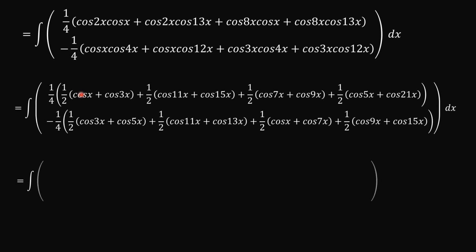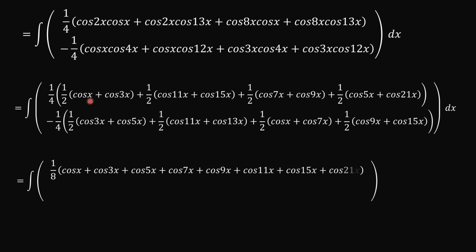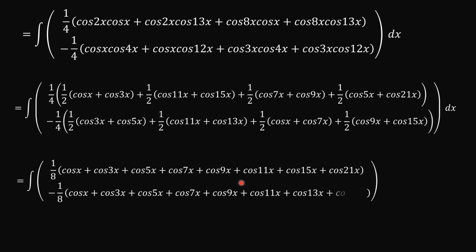Eventually, when you multiply the halves by a quarter outside the bracket, you have 1 over 8. So before the minus sign, it's an eighth into bracket cosine x, cosine 3x, cosine 5x, cosine 7x, cosine 9x, cosine 11x, cosine 15x, cosine 21x.